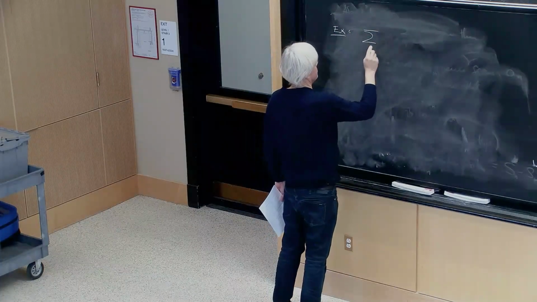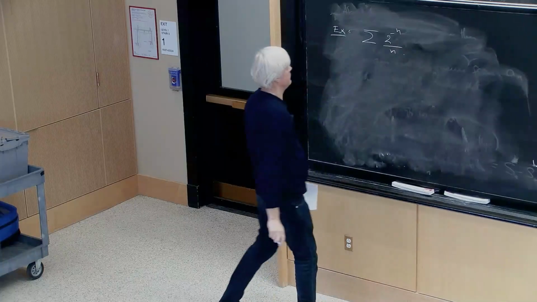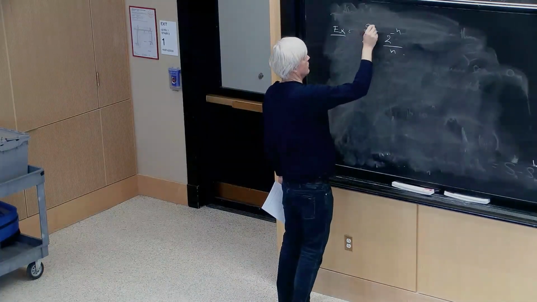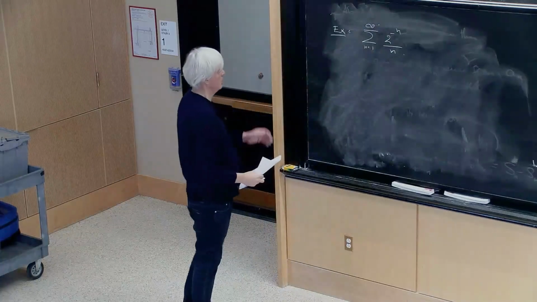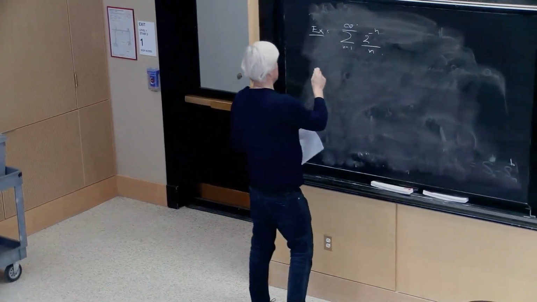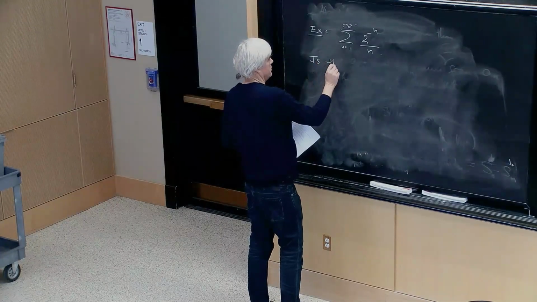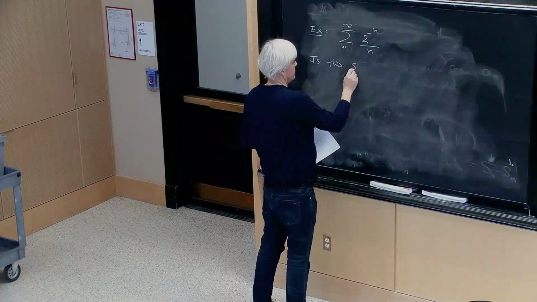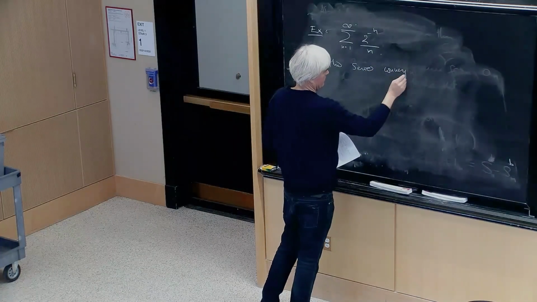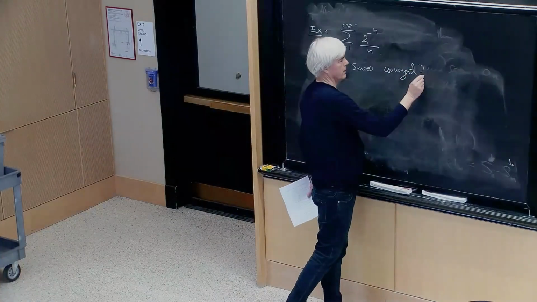You're looking at a series that is 2 to the minus n over n, n equal to 1 to infinity. You're being asked, is this series convergent? This is typically how it works.